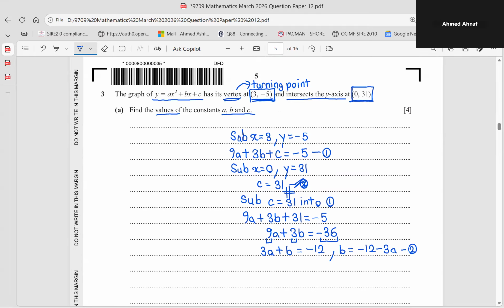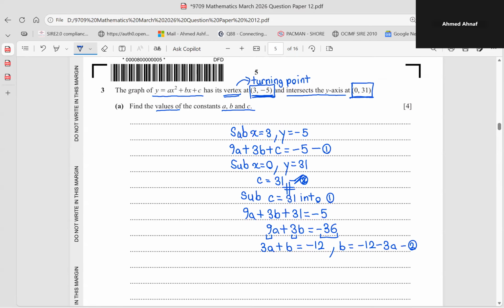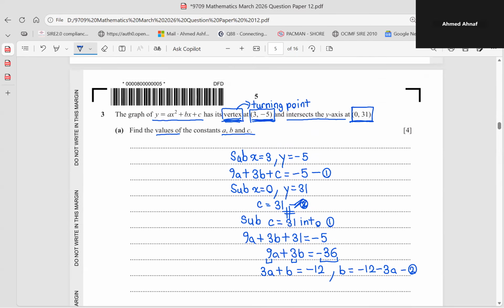Now it's time for us to make our third equation. In order to do that, let's look at the vertex part. One feature of vertices is that you can find them by completing the square.